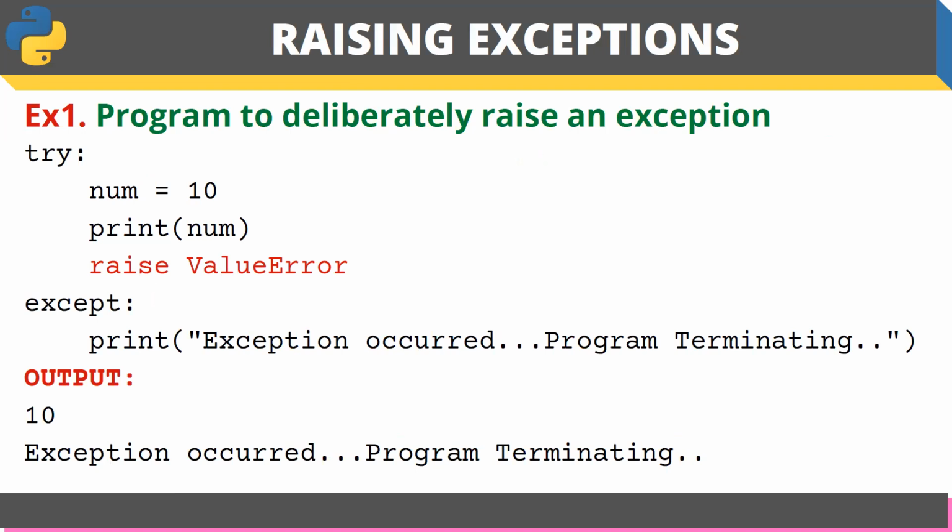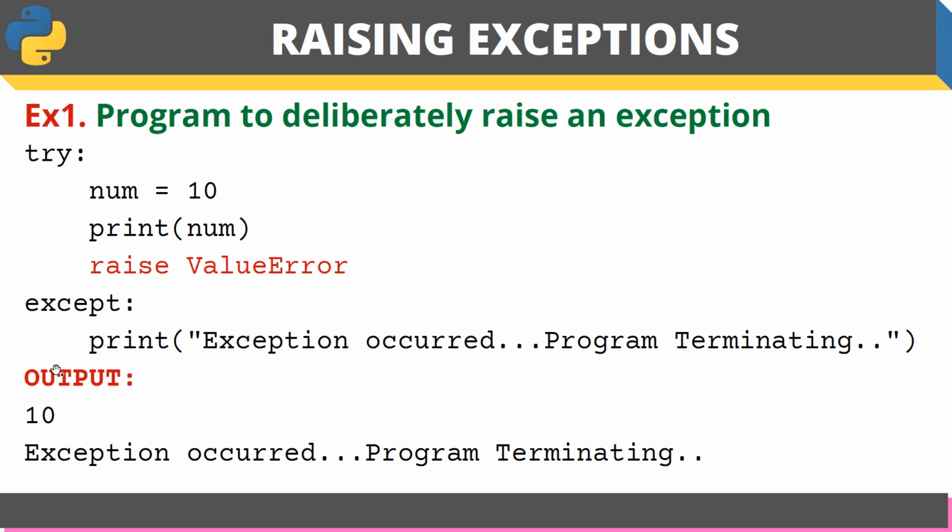Now this is an example which will demonstrate how to deliberately raise an exception. Here we use try, num equal to 10, print num, and here we are going to raise ValueError. Then except colon, print exception occurred, program terminating.